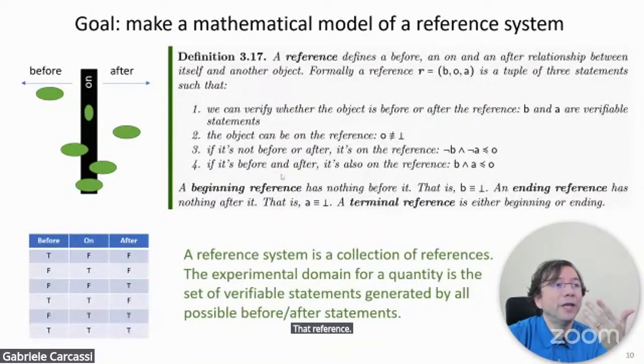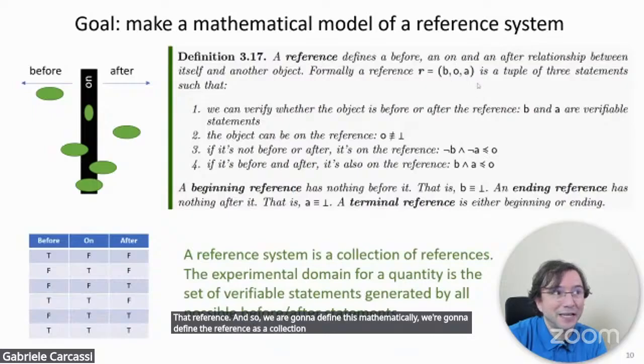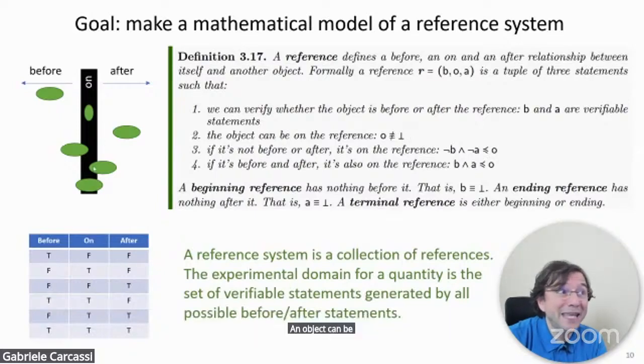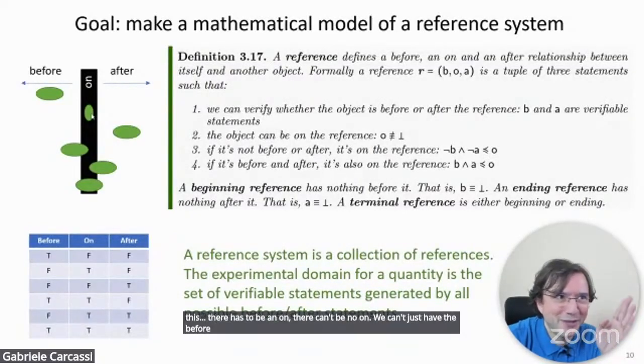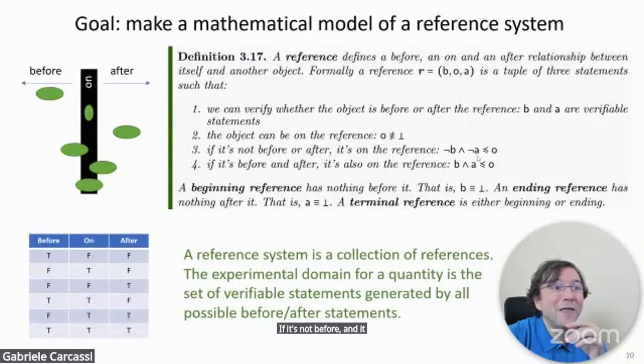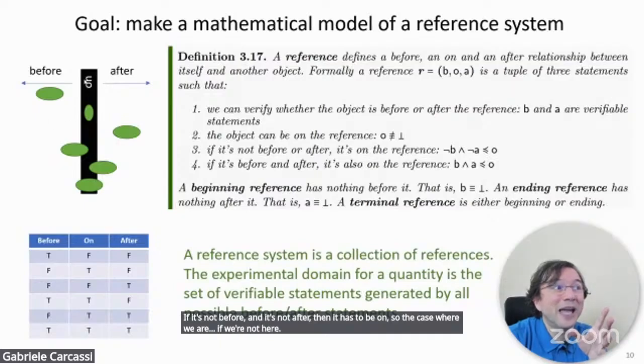And so we are going to define this mathematically. We're going to define the reference as a collection of three statements: a before, an on, and an after. The before and the after are verifiable. An object can be on the reference. We need to have the reference, so there has to be an on. There can't be no on. We can't just have the before and after. We need the on. If it's not before and it's not after, then it has to be on.